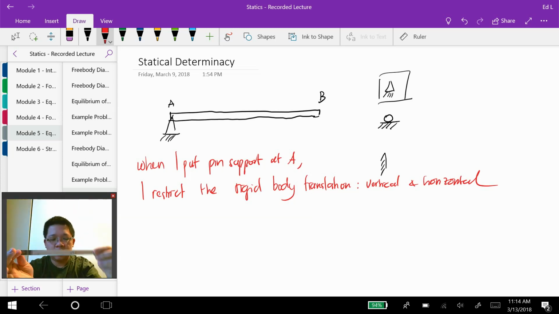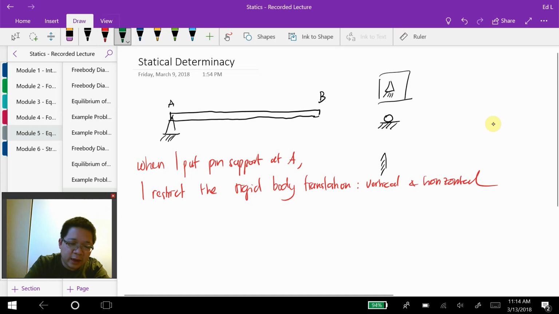My next question is what type of support you need to put on this beam such that the rotational rigid body motion is restricted. Some of you may answer, how about if we put a roller? Yes, that's a good idea.